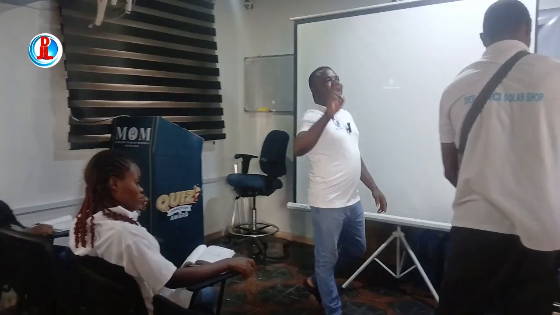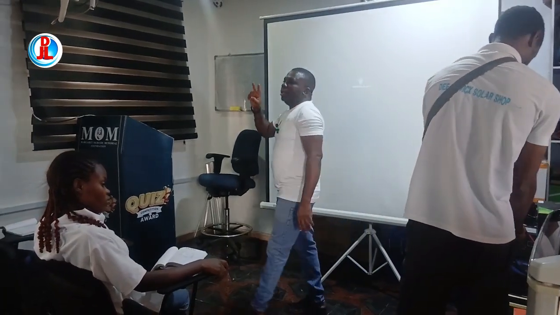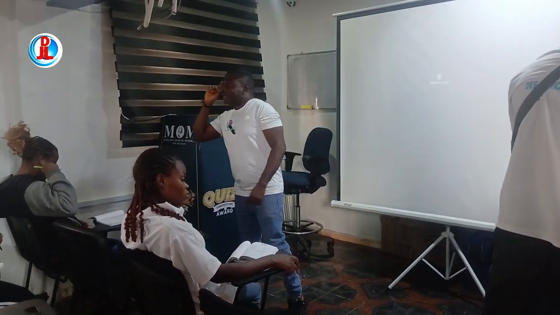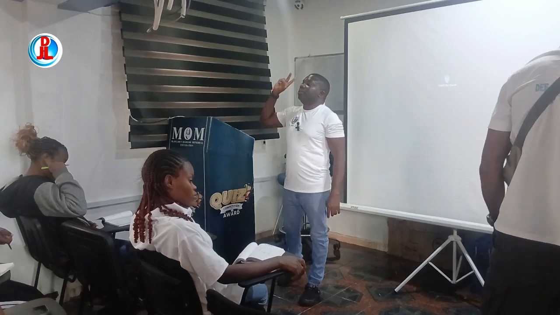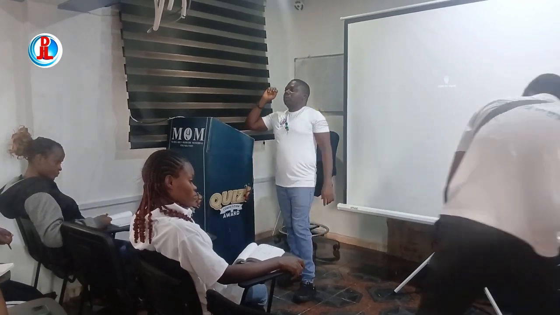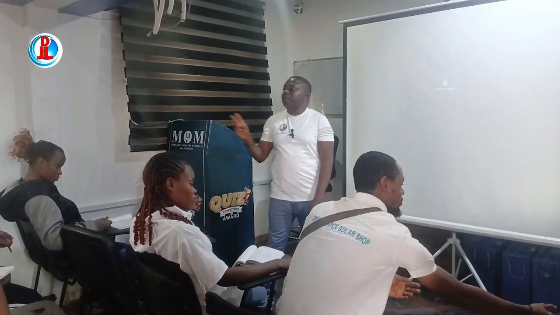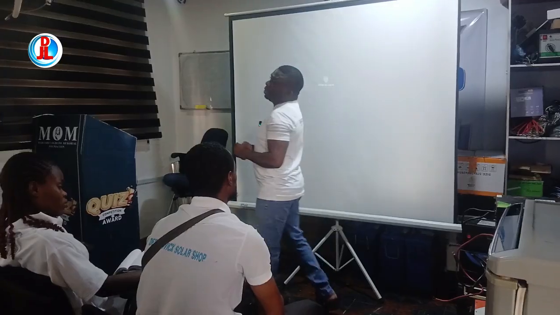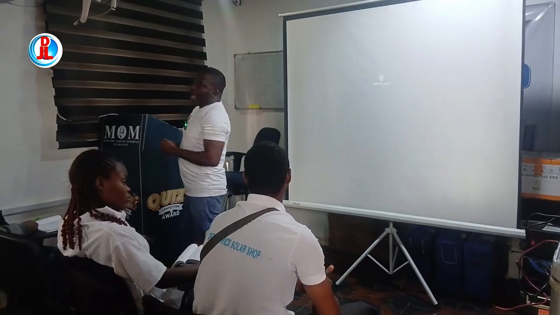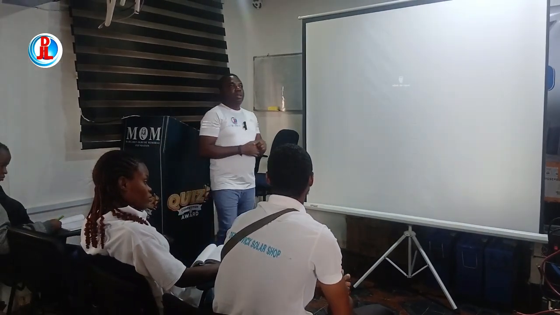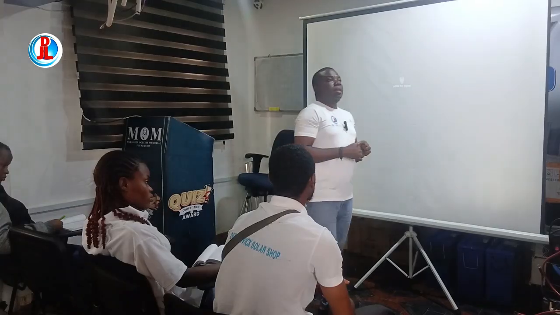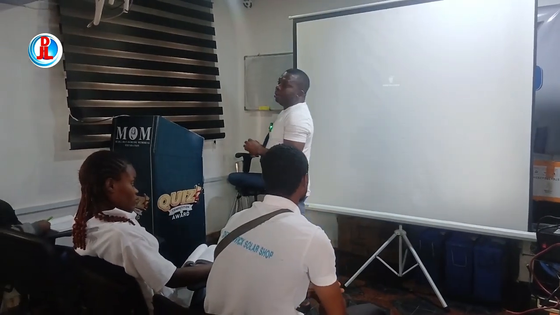Now, positive is usually represented with red color, while negative is usually represented with black. In a telecommunication setup, the negative is represented with blue and the positive is represented with black.